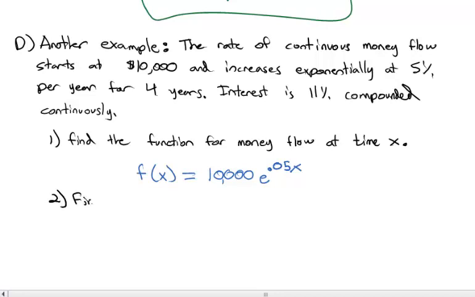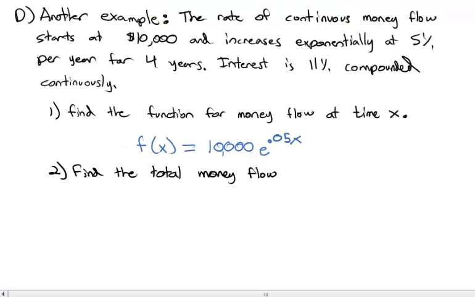Now we're going to find the total money flow. $10,000 for 4 years, we would expect it to be a little more than $40,000 adjusted for the increase that we have. So let's see what that's going to be.